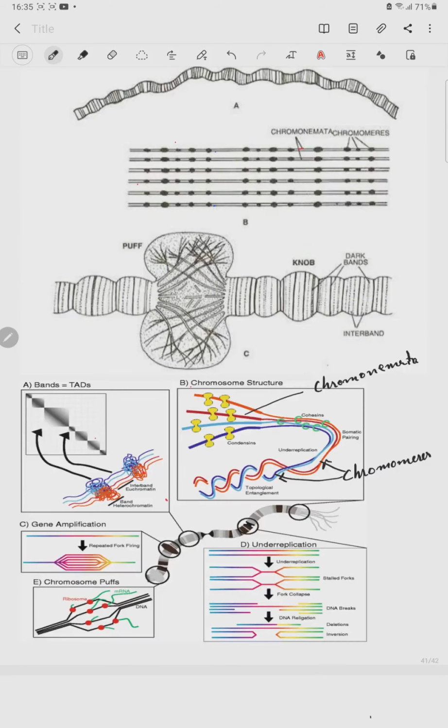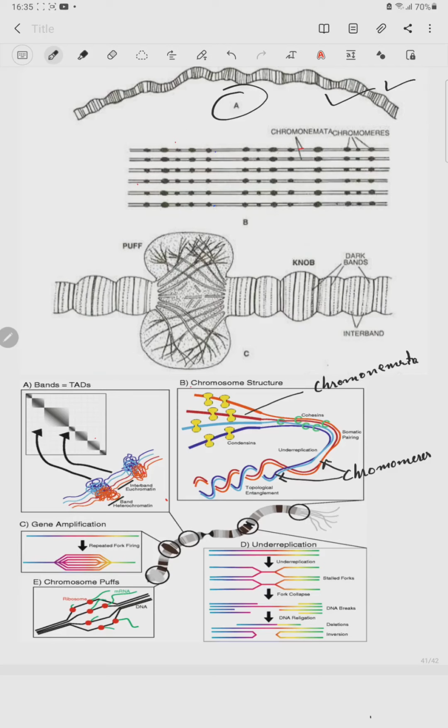First of all, see the structure of the polytene chromosome. It is formed by the linear arrangement of DNA replicated multiple times, a thousand times, by replication of the DNA at S phase of interphase during mitosis.